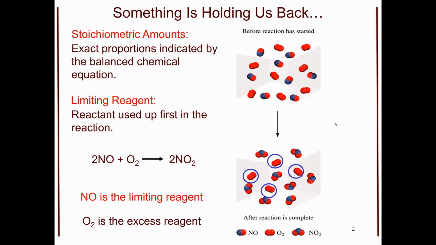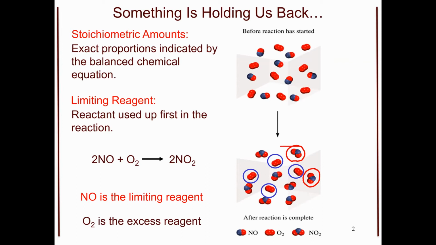Notice that we are going to have some of our product, circled here in red, but we are not going to get as much product as we expect because we have run out of our NO. This means that we are going to have unreacted oxygen, circled in blue, that has not been used in our reaction.